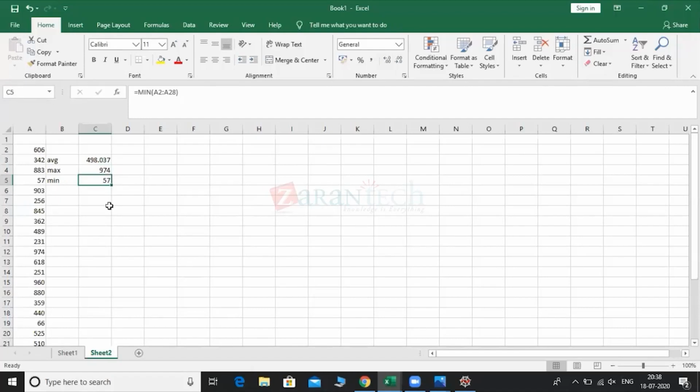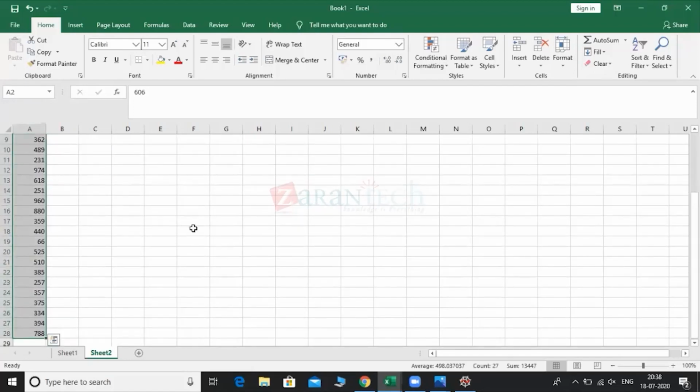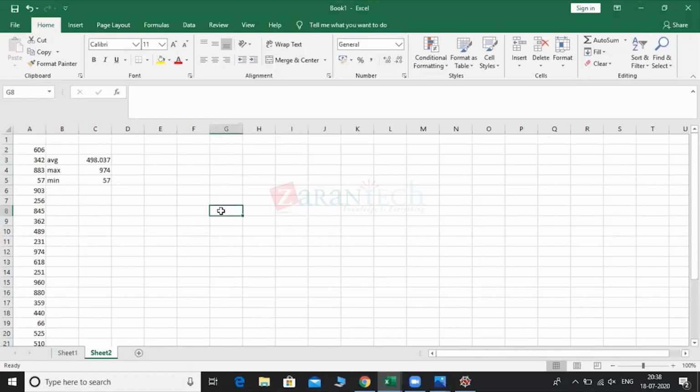So if we have to just tell few numbers, right now in this there are many numbers. There are 27 numbers in this. But if you have to give some sort of summary of this, we cannot just say the average of this number is 498, because we cannot have a good view of what exactly the numbers contain. But let's say that we are talking about the minimum number, the maximum number, or the standard deviation.